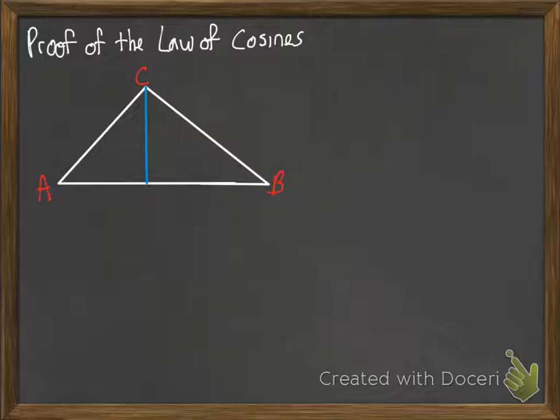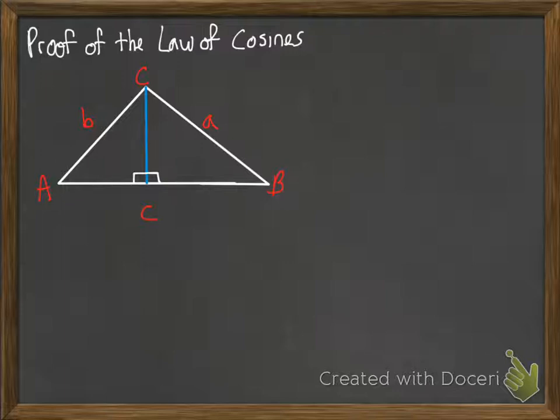and I'm going to drop an altitude from C down to AB. Now what we're going to be doing in this law of cosines is we're going to try to use the Pythagorean theorem, because the law of cosines is actually just an extension of the Pythagorean theorem that, instead of just a right triangle, works for any triangle.